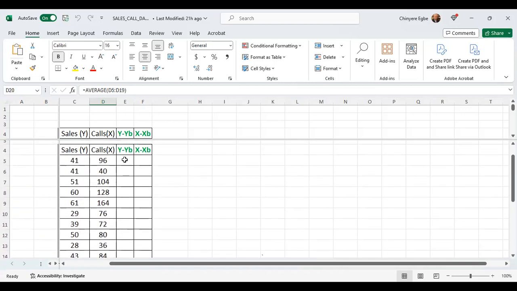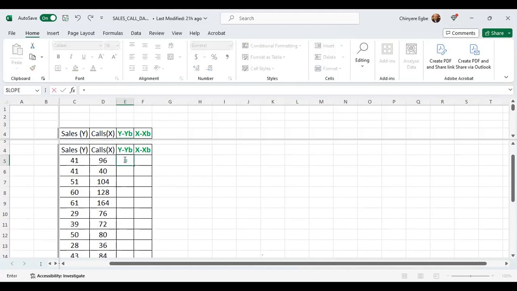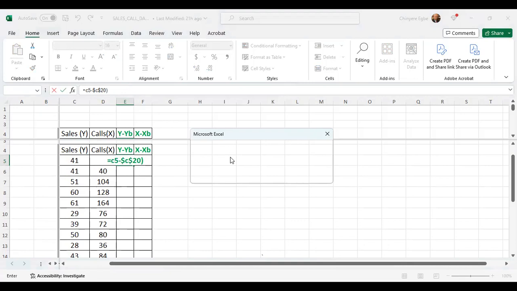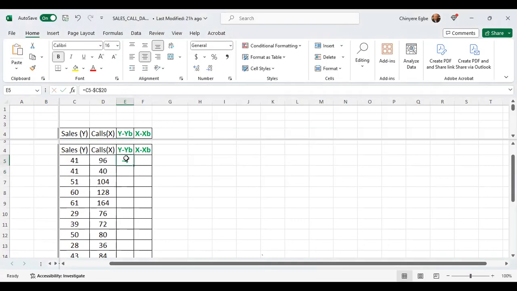And so Y minus Y bar will be equals C5 minus $C$20. And then you can drag it down.